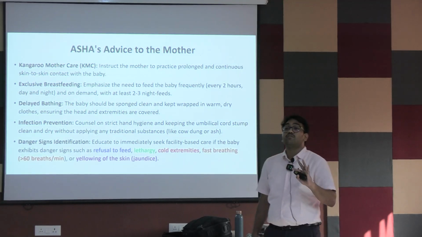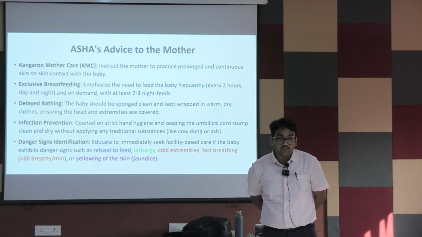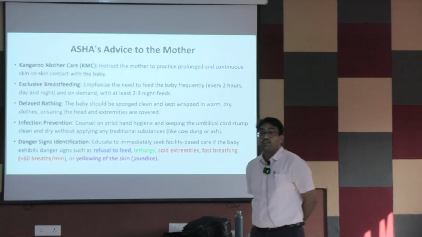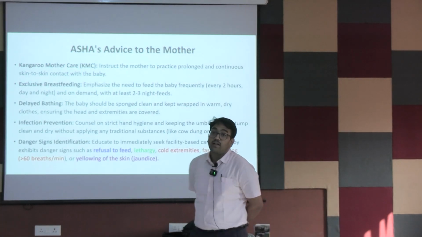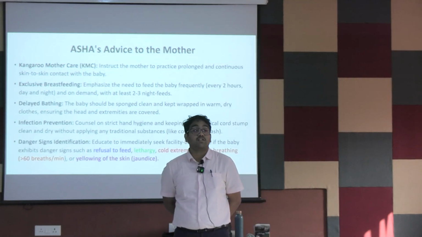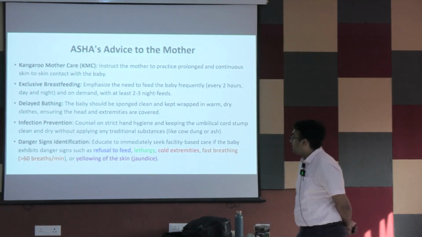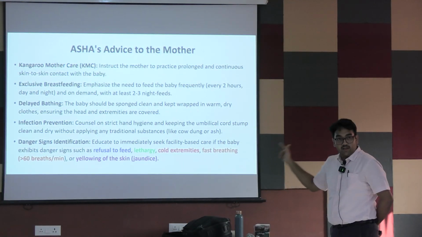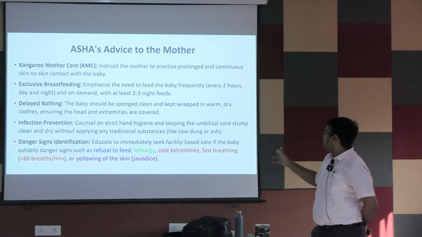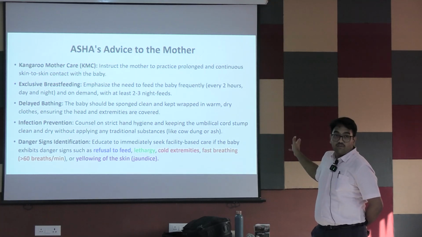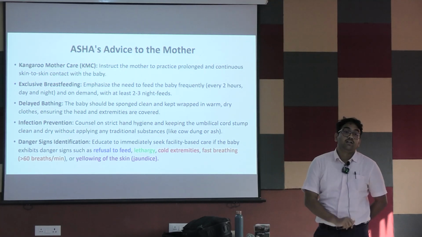So we have already discussed what are the maternal danger signs. We also need to know what are the neonatal danger signs. So what are the danger signs in a child that need to be counseled to the mother so that she is able to recognize the early danger signs and take the necessary measures. So what are they? Refusal to feed, lethargy, cold extremities, fast breathing and yellowing of skin.